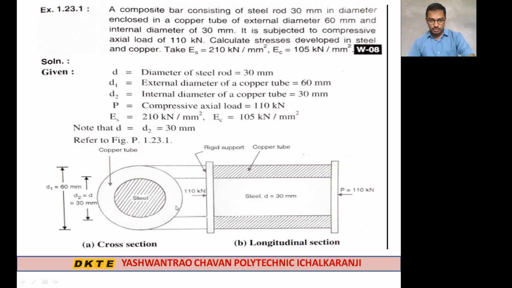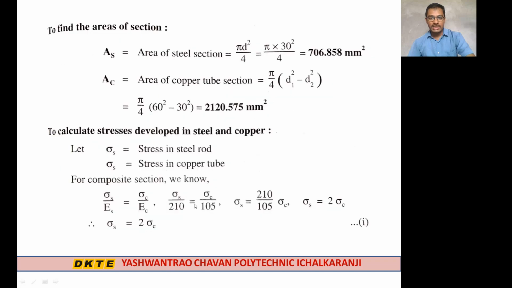Both are given in terms of kilonewton, therefore you do not need to multiply by 10 raised to 3 because both get cancelled. Therefore, sigma S is equal to 210 upon 105 sigma C. The stress in steel is equal to 2 times the stress in copper. This equation we will get: sigma S is equal to 2 times sigma C.